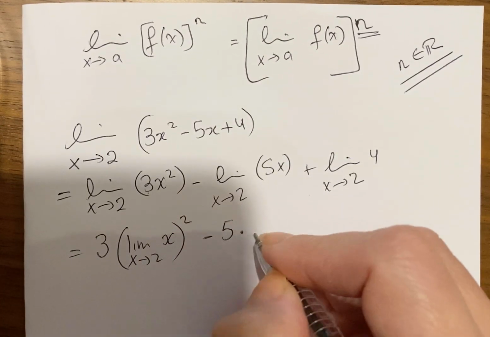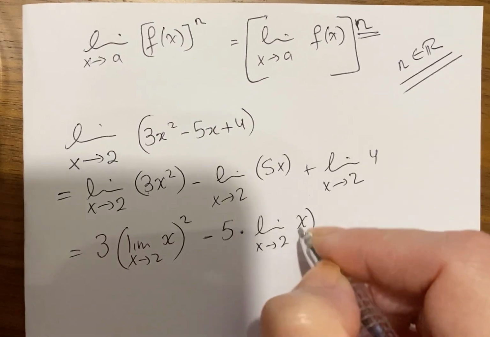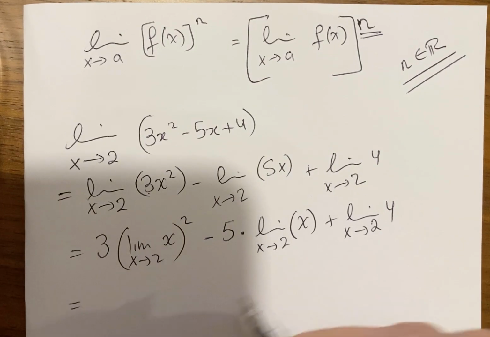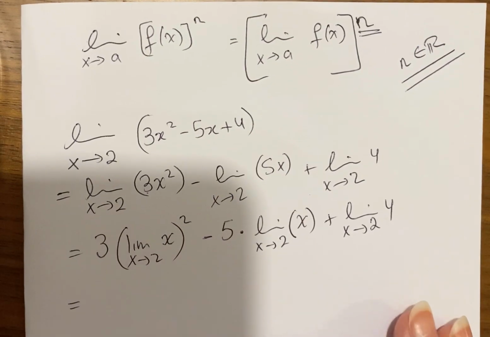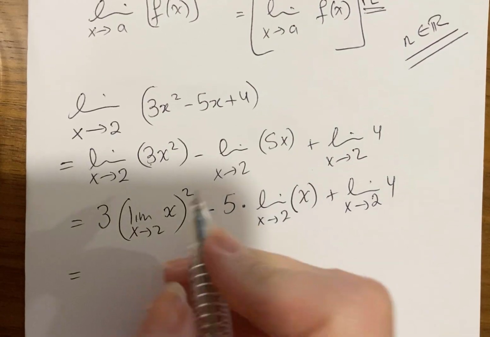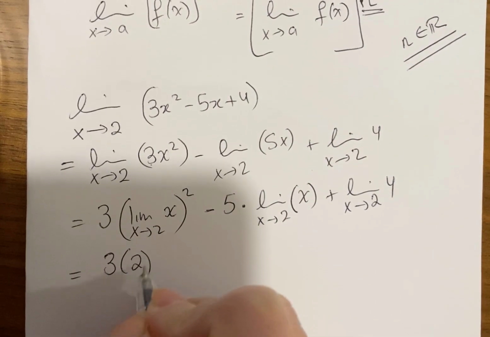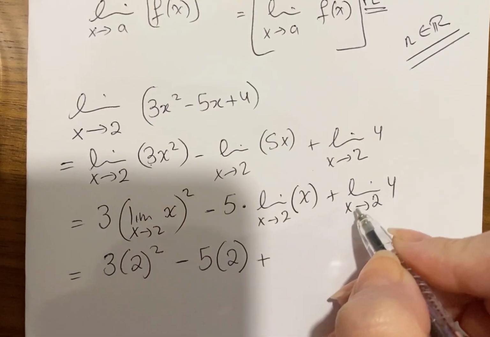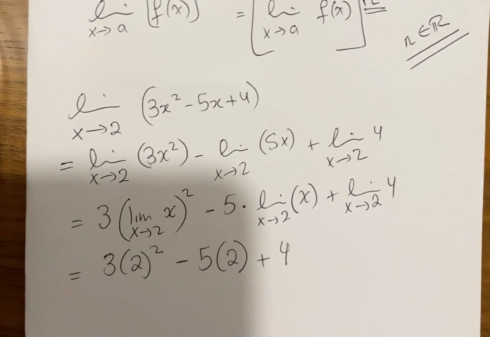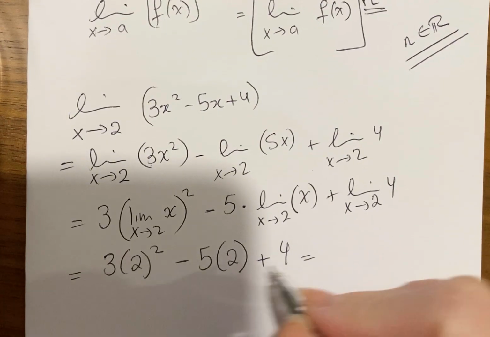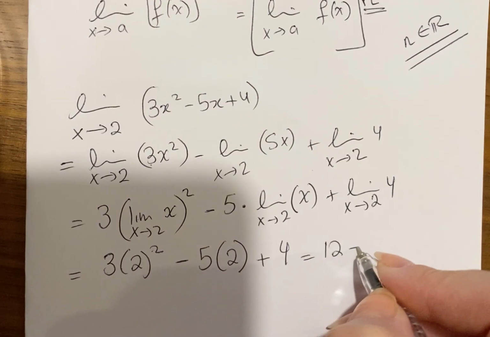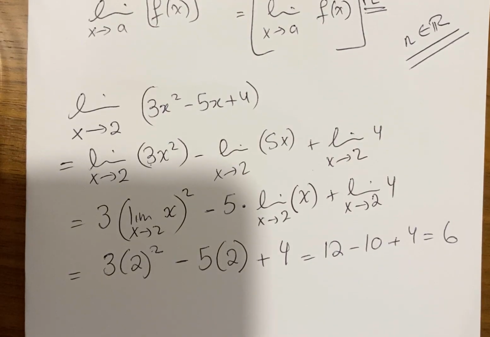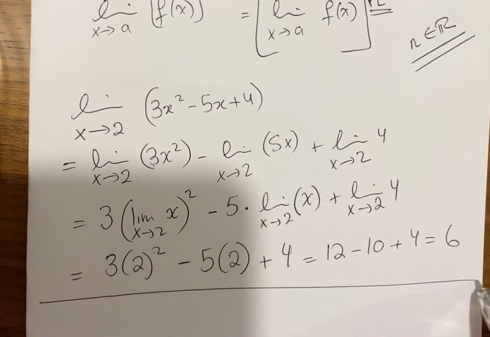Minus 5 is a constant, times the limit as x approaches 2 of x, plus the limit as x approaches 2 of 4. How do I end up getting this? The limit of x as x approaches 2 is just substituting x by 2. So I get 2 squared minus 5 times the limit of x as x approaches 2, which is 2. The limit of 4 as x approaches 2 is 4. And we got the answer, which is 4 times 3, 12, minus 10, 2, plus 4. The answer is 6.